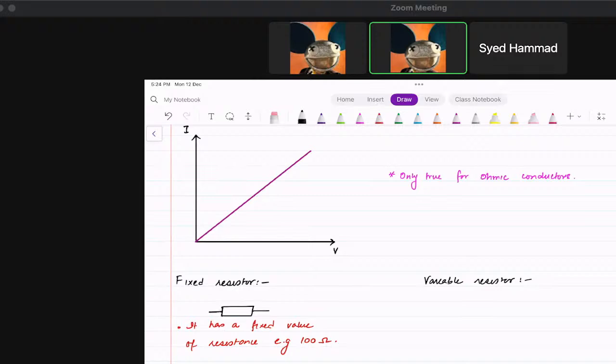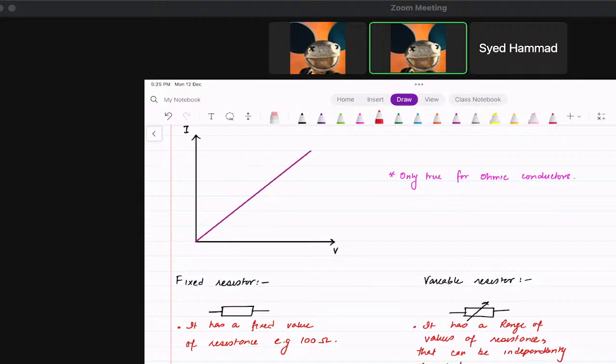The symbol of a variable resistor is like this, and it has a range of values of resistance that can be independently controlled.